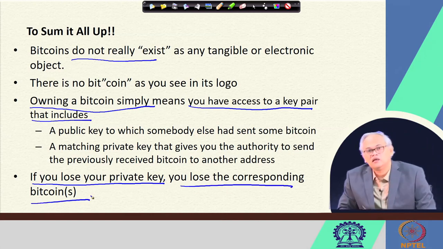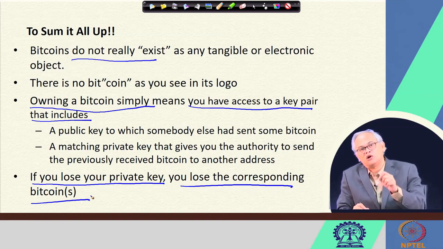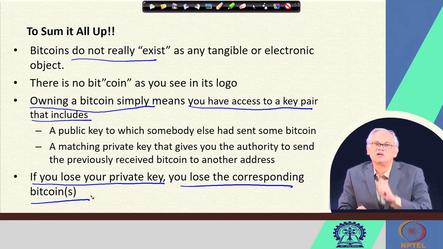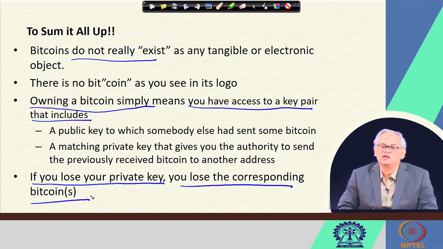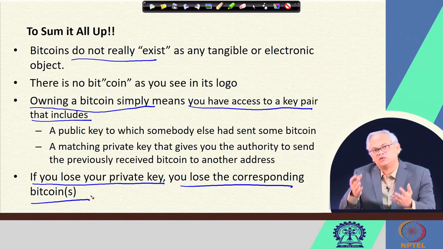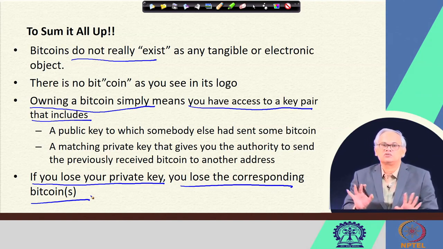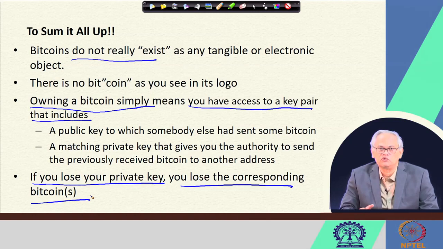Mind it that in the Bitcoin network there are a lot of bitcoins which have been lost because people lost their private keys or they passed away without sharing their private keys before their death and so on. So, those are completely lost, they are out of circulation, you cannot retrieve those.